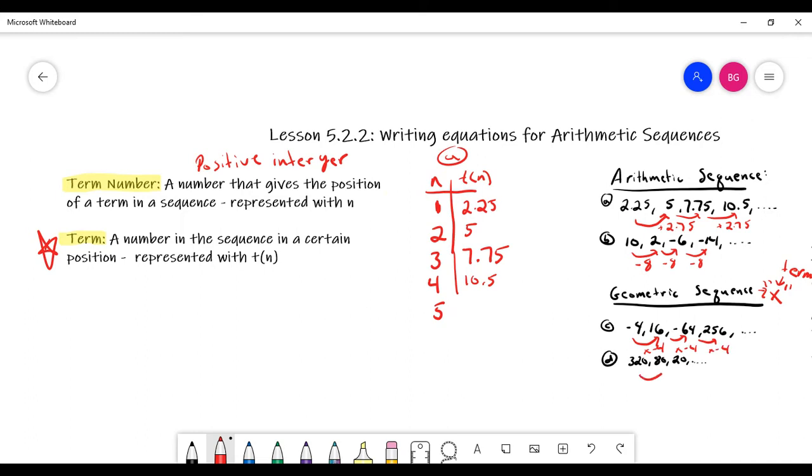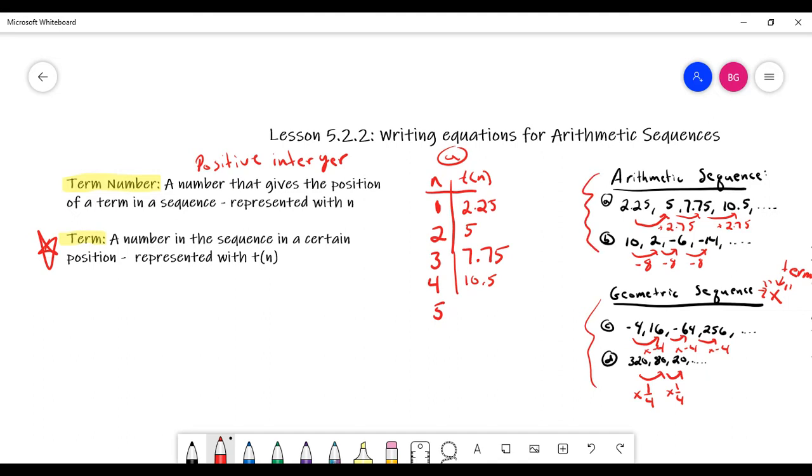In D, some people like to say dividing by 4, but instead of saying dividing by, we should say multiply by the reciprocal, or multiply by 1/4. So those are geometric sequences. So geometric is multiplication. Some people also like to say division, but we always want to say multiply by a reciprocal. An arithmetic sequence is always addition, and then you can also get it with subtraction on that one.